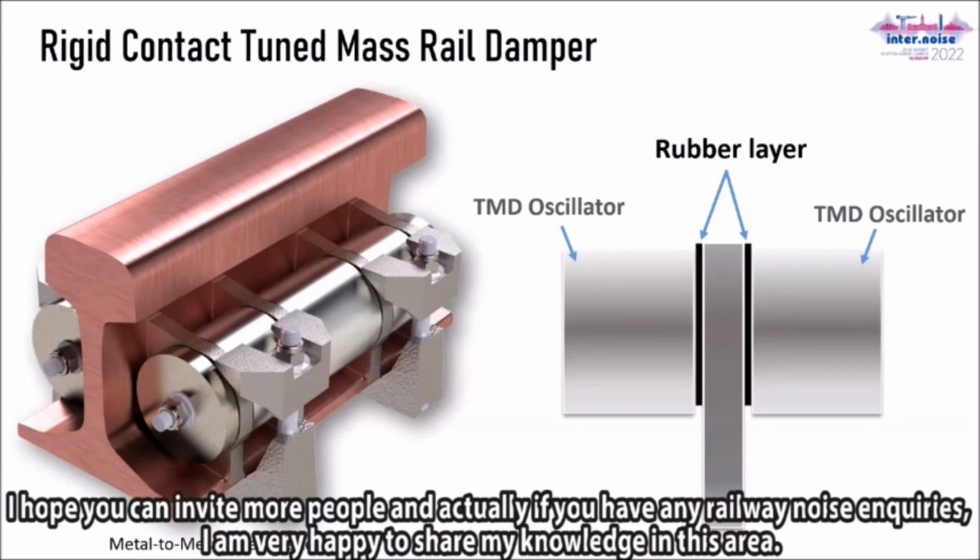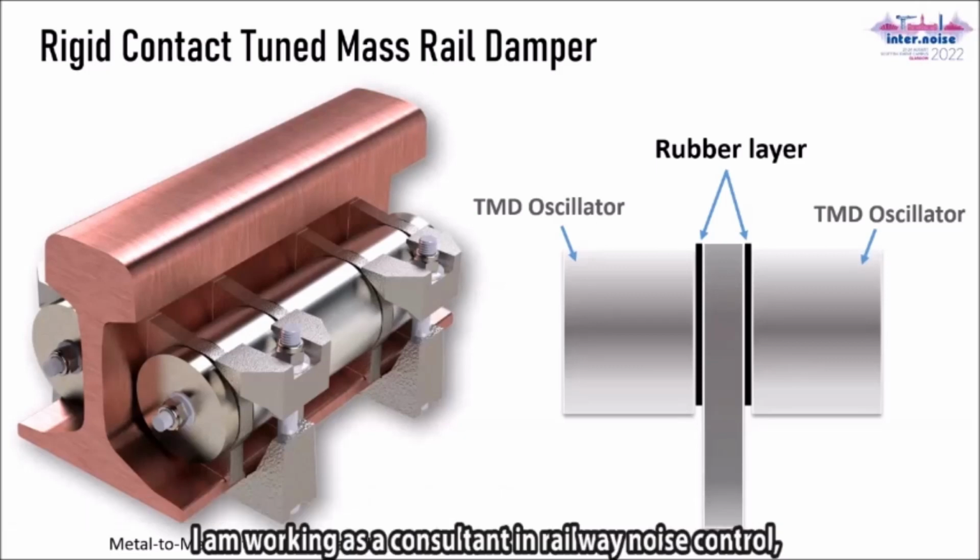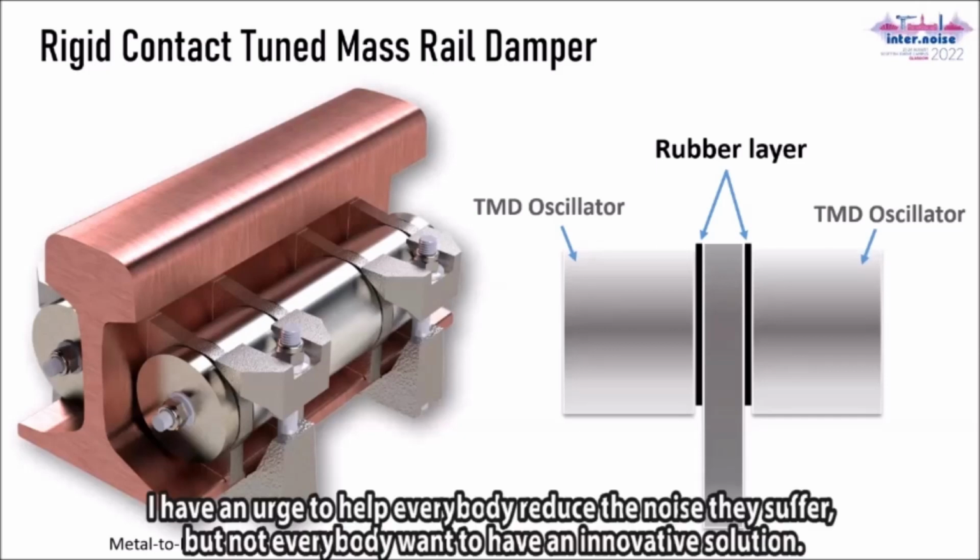And actually, if you have any railway noise issues, I'm very happy to share my knowledge in this area, because I'm working in the consultants on railway noise control. I have a feeling that everybody wants to reduce noise, but not many want an innovative solution.